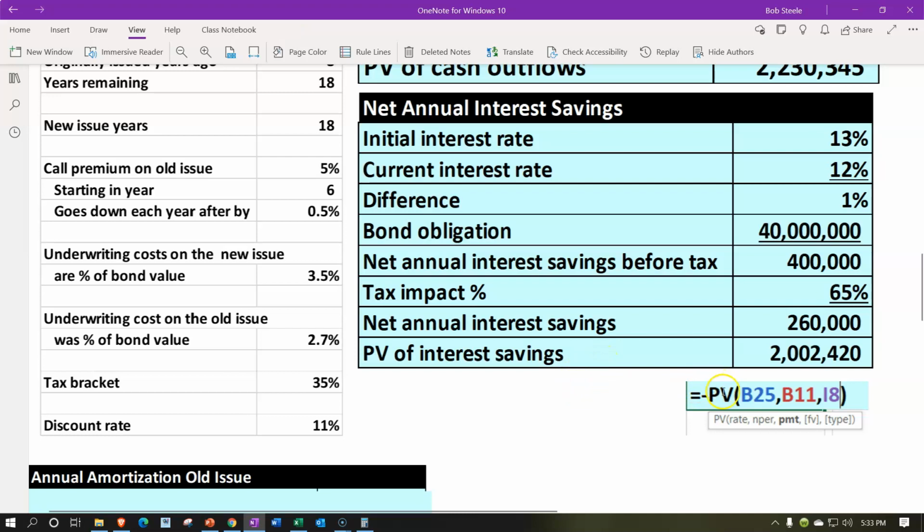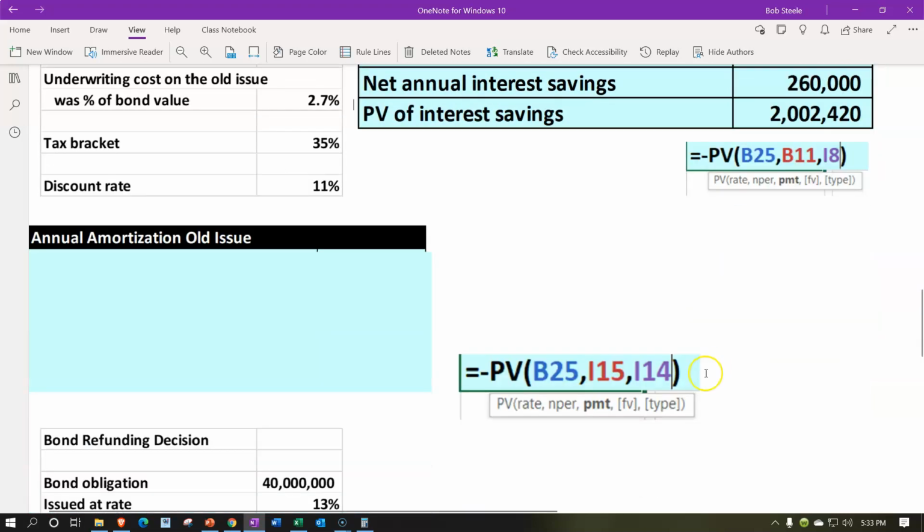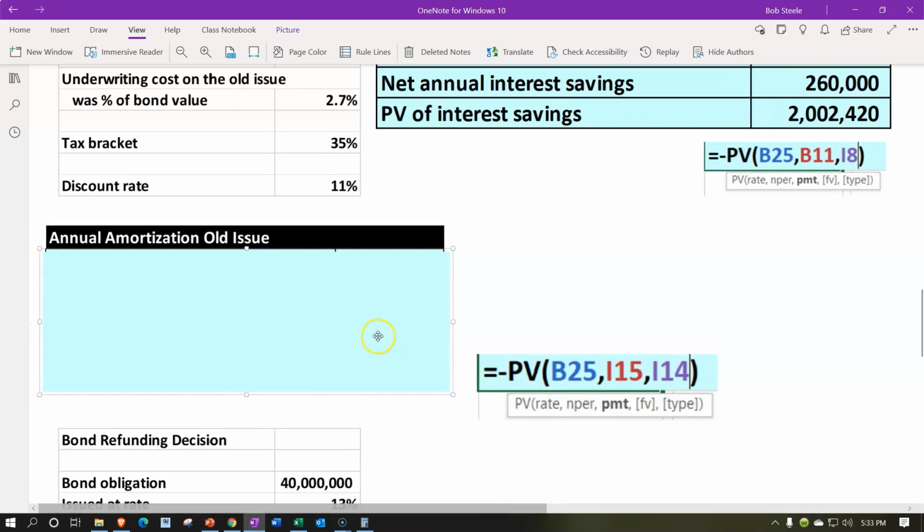The rate is going to be the 11%, the number of periods will once again be the 18, and the payment now is going to be the 260,000. That's going to give us the present value of the interest savings, 2,002,420.